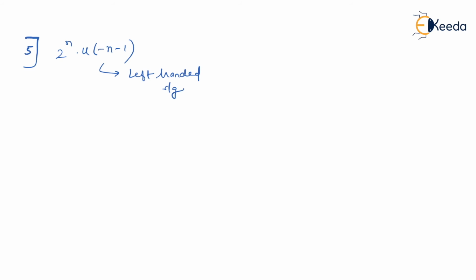And we know that every left-handed signal belongs to an anti-causal function. Please remember that when it comes to an anti-causal function, mod of z will always have a lesser relation with respect to ROC. Whenever I say a causal function, mod of z you will always find greater, that is, ROC is outside the circle. But now you will have ROC inside the circle if it is an anti-causal function, that is, a left-handed signal.